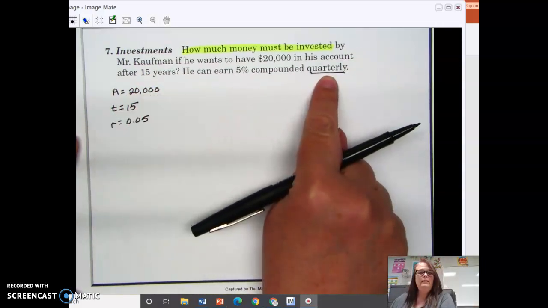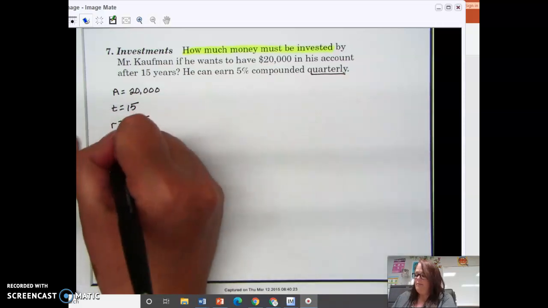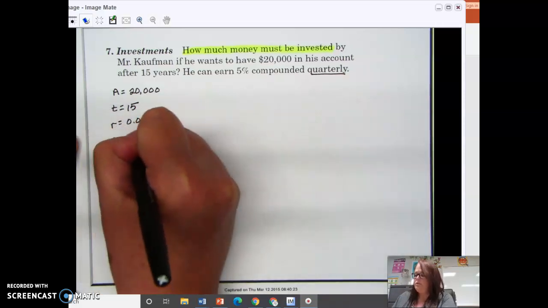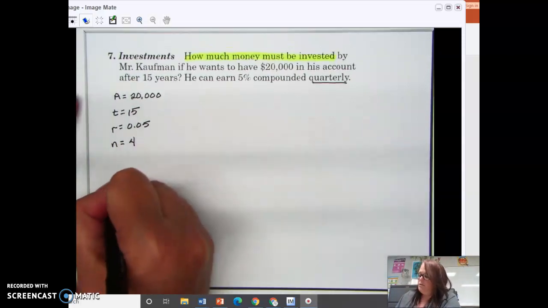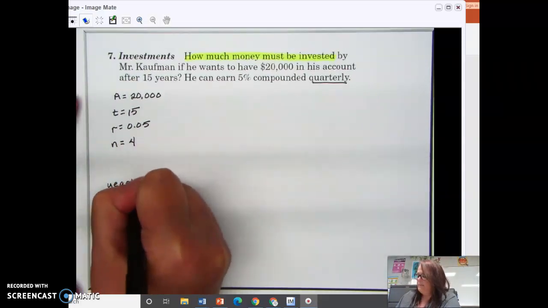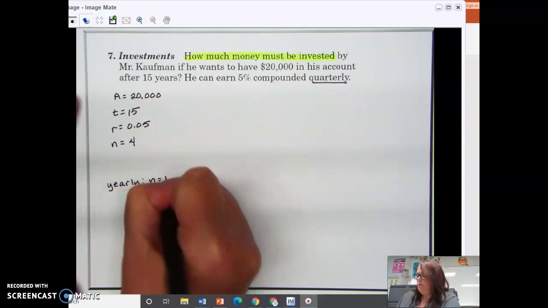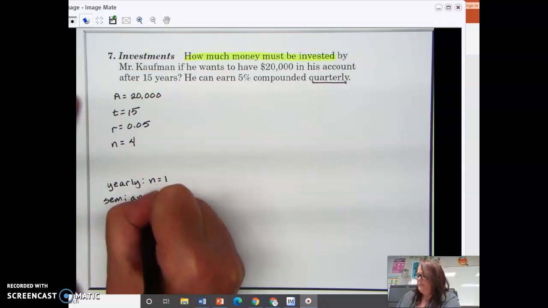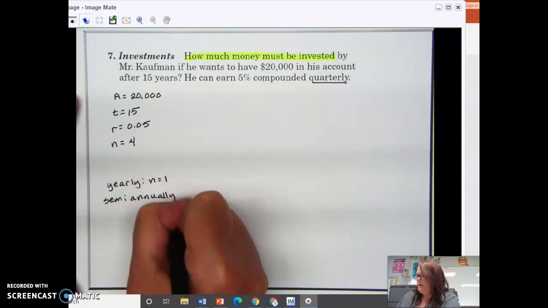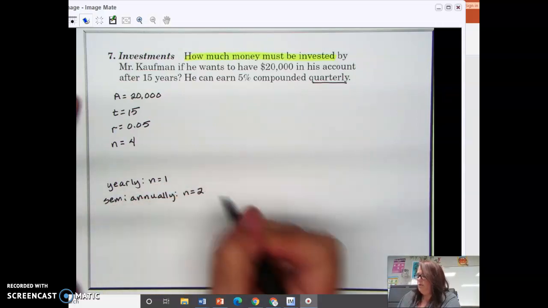So quarterly means every quarter, and that means that the number of times we would do it is 4 times a year. So let me see if I can remember. So if we have yearly, my N value would be 1. If we have semi-annually, then my N value is equal to 2.